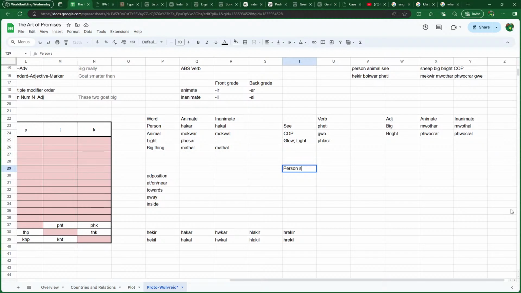Person stay is at the river. Person river stay. Ooh, wait. The difference between the person is at the river and the person stays at the river is the verb itself. Person river stay versus person river stay is.